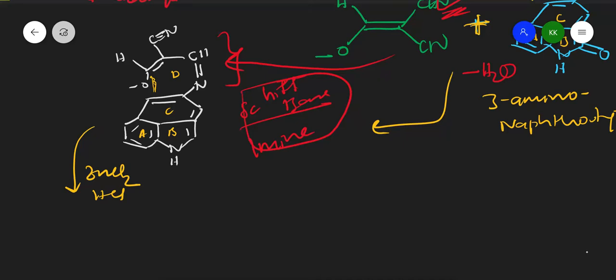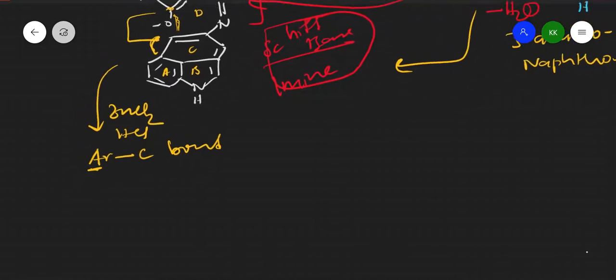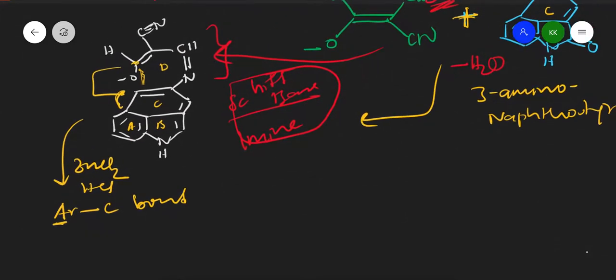Here there is formation of a bond between the aromatic carbon and this carbon. Since it is taking place in the presence of HCl, the C triple bond N converts to COH. This happens in acidic medium.